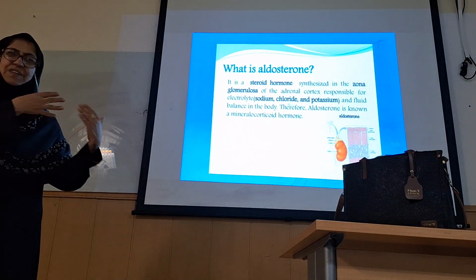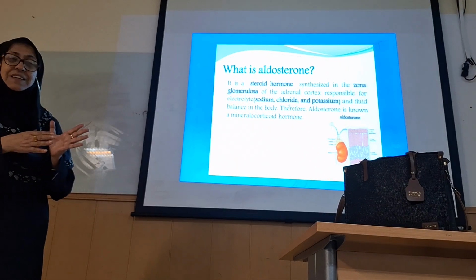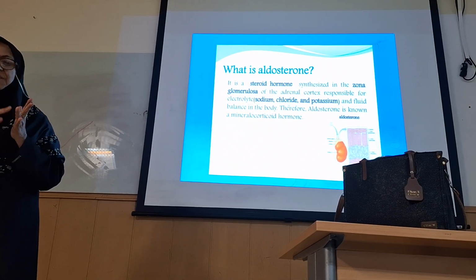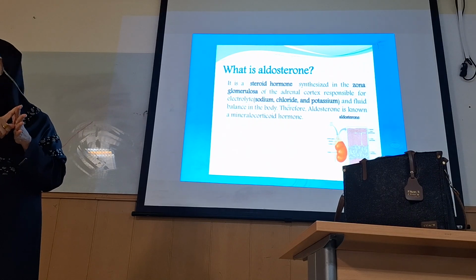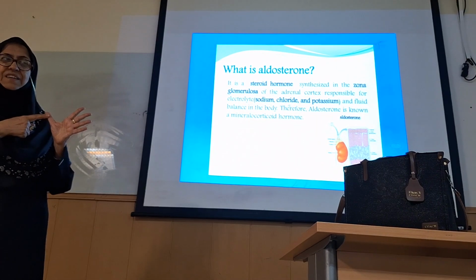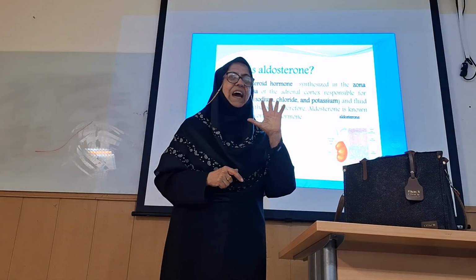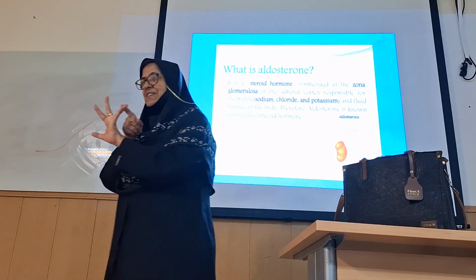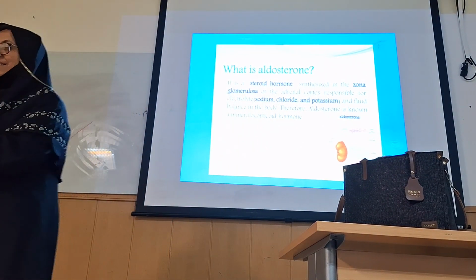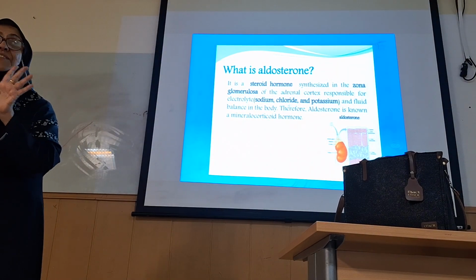The most receptors are in the kidney. In the kidney, salivary glands, sweat glands, mammary glands, and intestine, we have receptors for aldosterone. Aldosterone has receptors in kidney, intestine, mammary gland, sweat gland, and salivary gland.